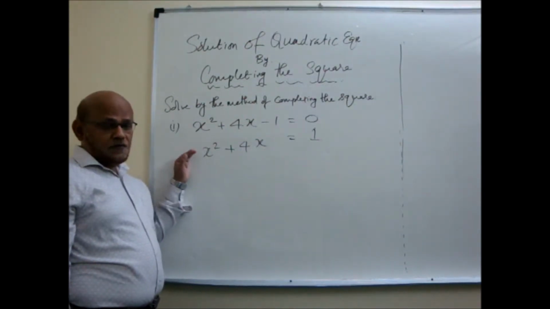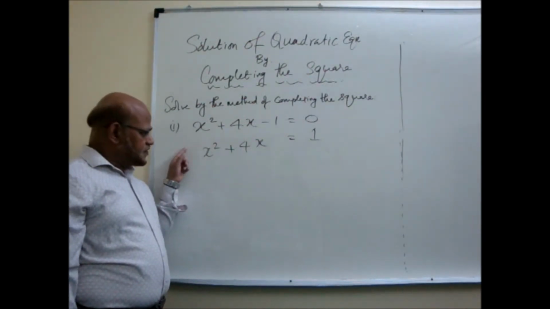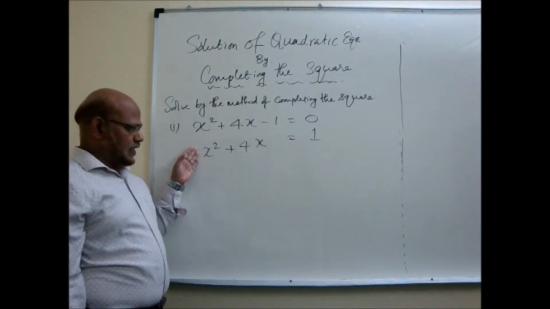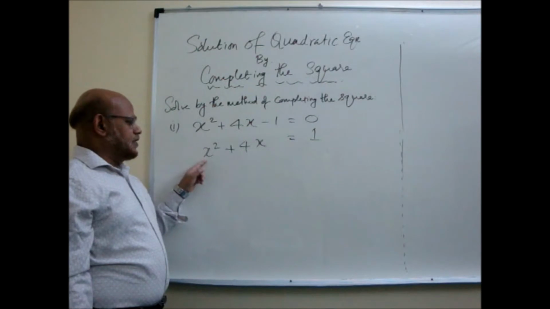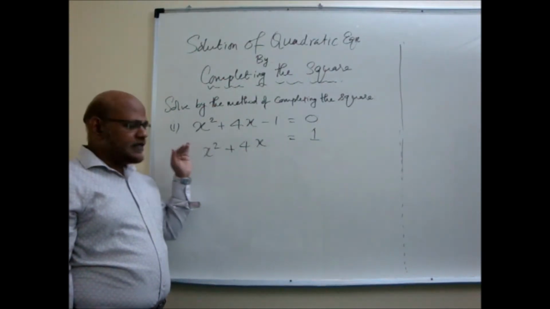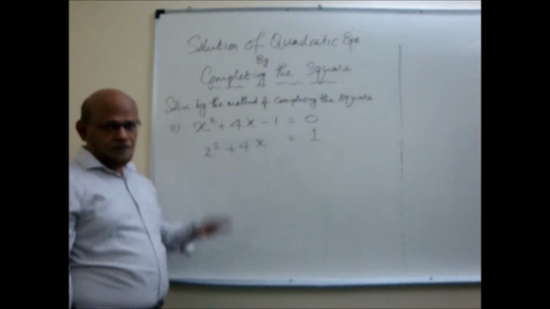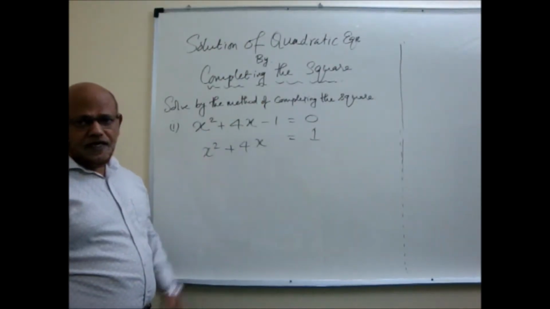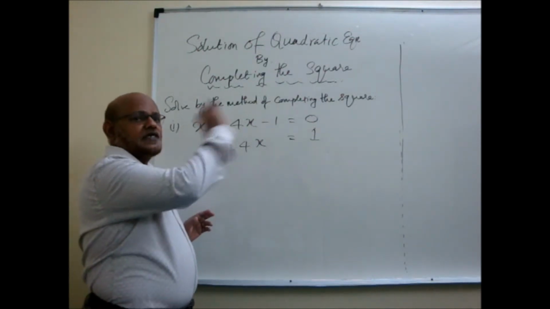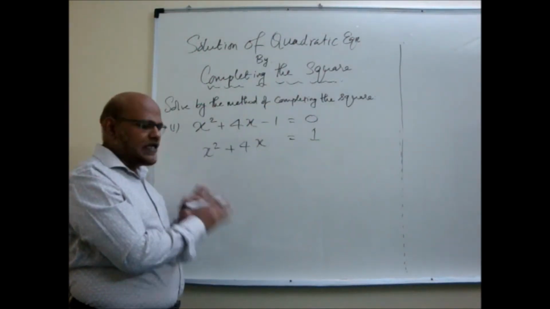If not 1, you divide throughout by the coefficient and make it 1. For example, if you have 3x square, you divide both sides by 3 so that the x square coefficient becomes 1. In this question, the x square coefficient is indeed 1. This is the first step: keep the constant term on one side, and the x square term and x term on the left side.